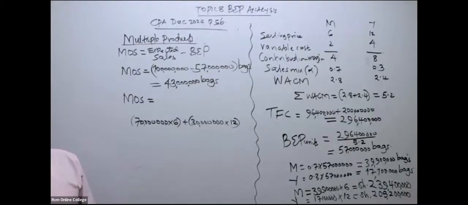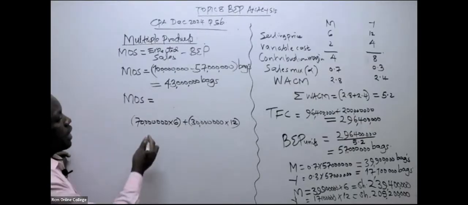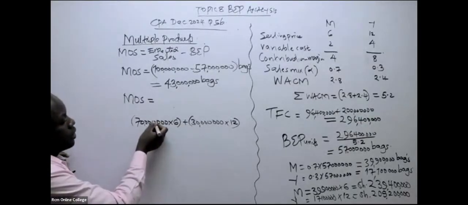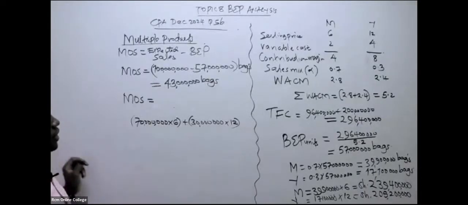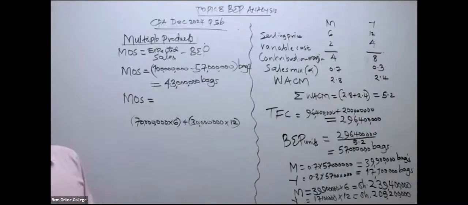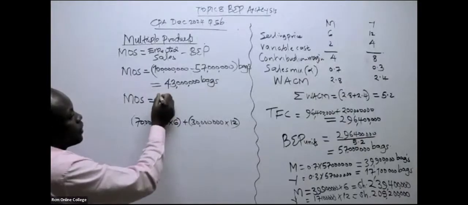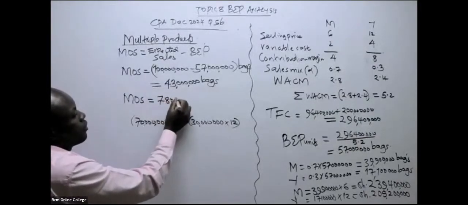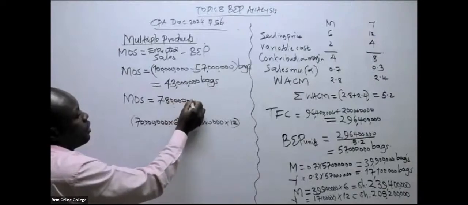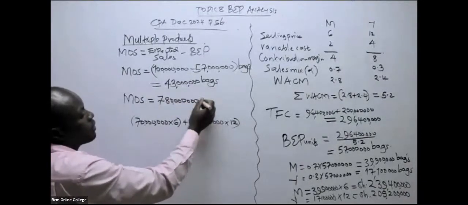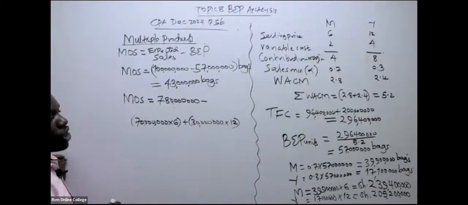It should be 780 million. That is expected sales minus break-even point in shillings.